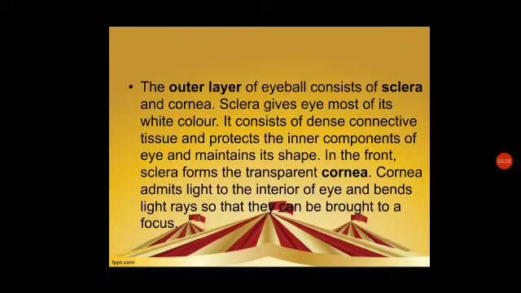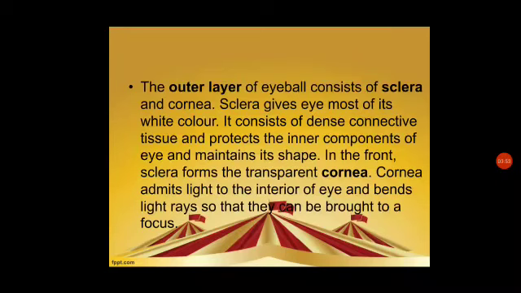Cornea is the part through which light is admitted to the interior of the eye, and it bends light rays so that they can be brought to focus on the retina. Students, the images focus behind the eye.